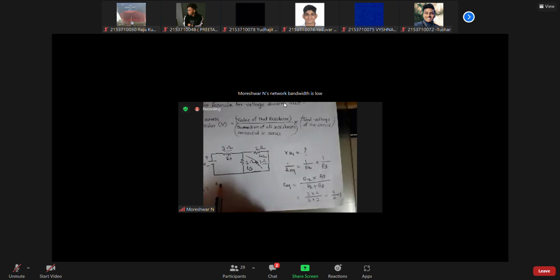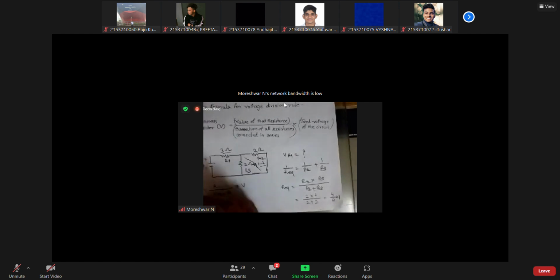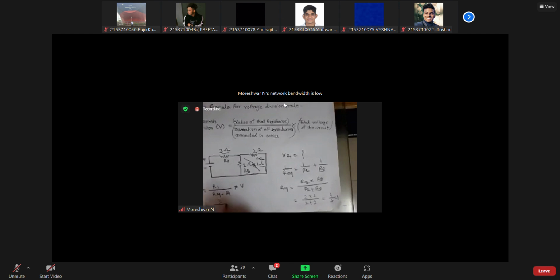So formula is R1 divided by R equivalent plus R1 multiplied by applied voltage, you can denote it V only. So according to formula, 3 divided by 4 multiplied by 10.